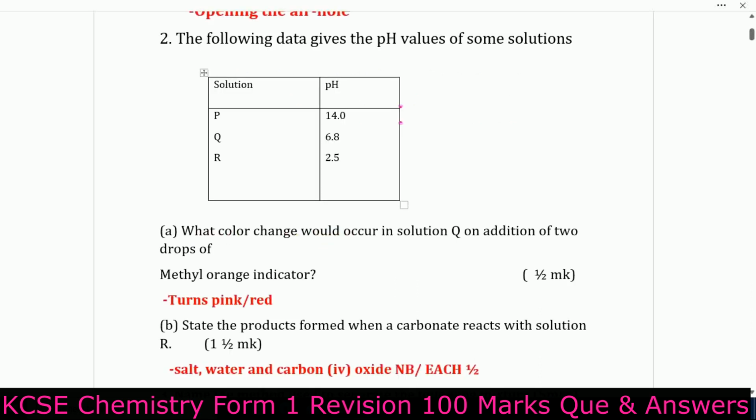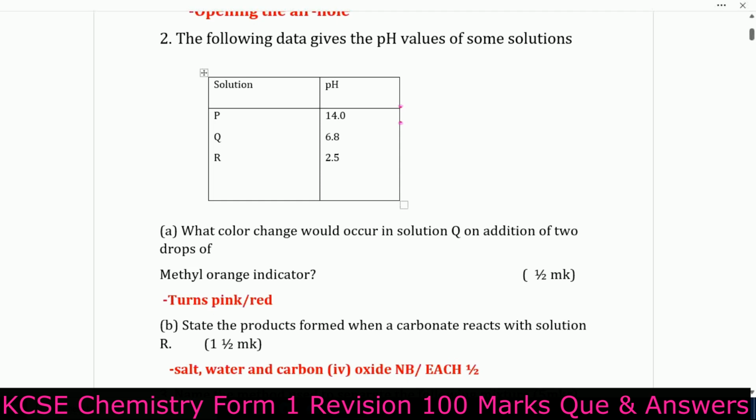Number 2. The following data gives the pH value of some solutions. Solution P, pH value 14, Q 6.8, R pH value 2.5. What color change would occur in solution Q on addition of 2 drops of methyl orange indicator?